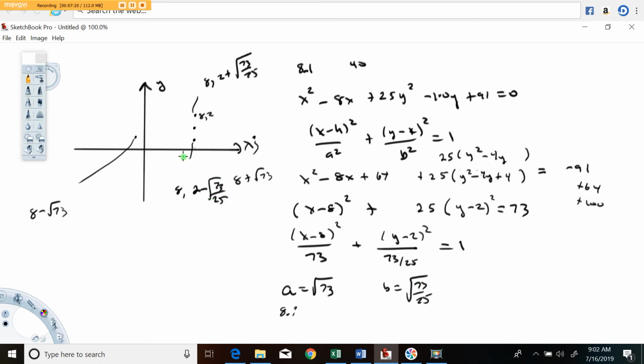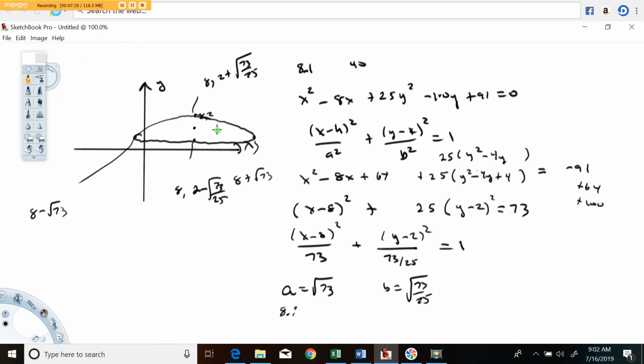Now we can connect these. Oh boy, sketching ellipses is not my strong suit. Very, very poor ellipse, but I'm going to go ahead and just go with it.